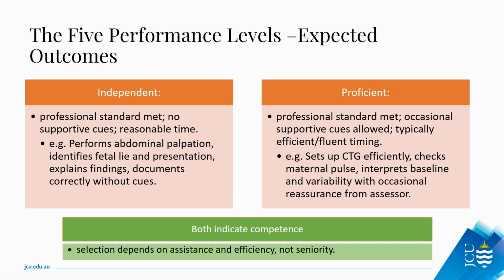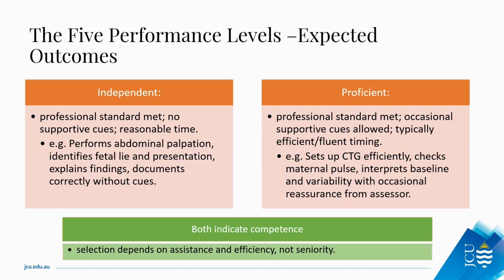When deciding between independent and proficient, both levels meet the professional standard and both are safe, accurate, and effective. The difference lies in the quality of the performance. Independent reflects proficient performance, while proficient reflects efficient performance.